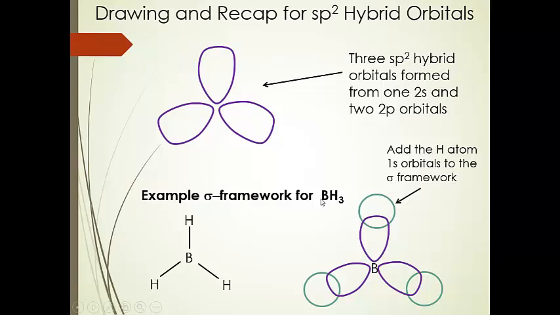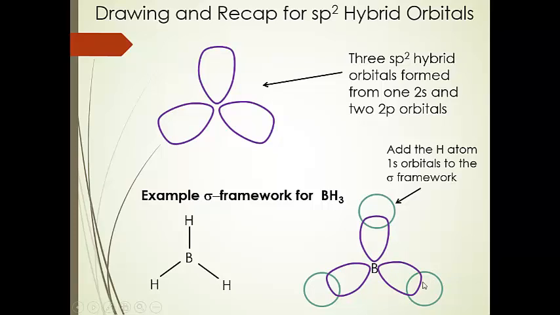All right, so if we want to draw borane, then we are going to have boron in the center. We're going to bond a hydrogen to each one of those. So showing the molecular geometry, we're going to take this set of sp2 hybrid orbitals, all right, and plunk it down, and then we're going to bond these hydrogens to it.